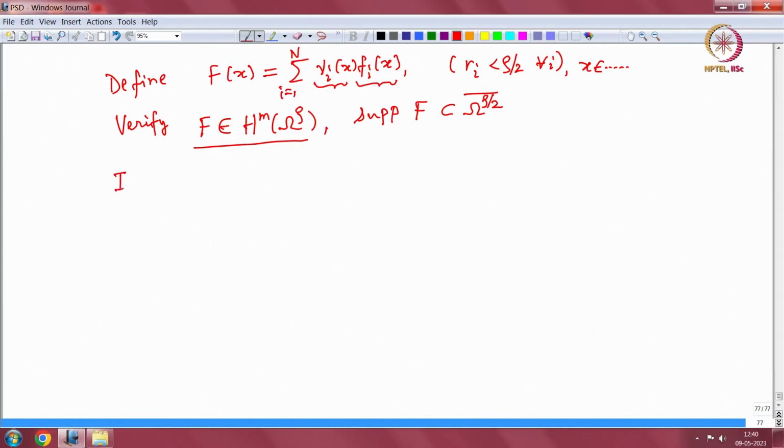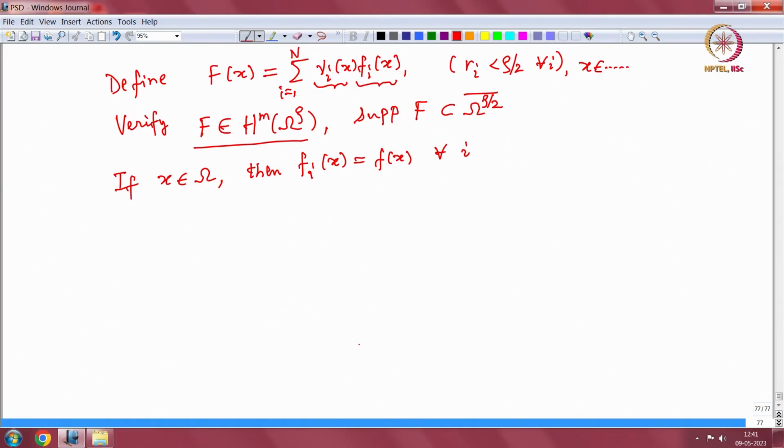So if x belongs to omega, each of these f_i's is an extension of f. So f_i of x is f of x for all i, because each f_i is an extension of f.